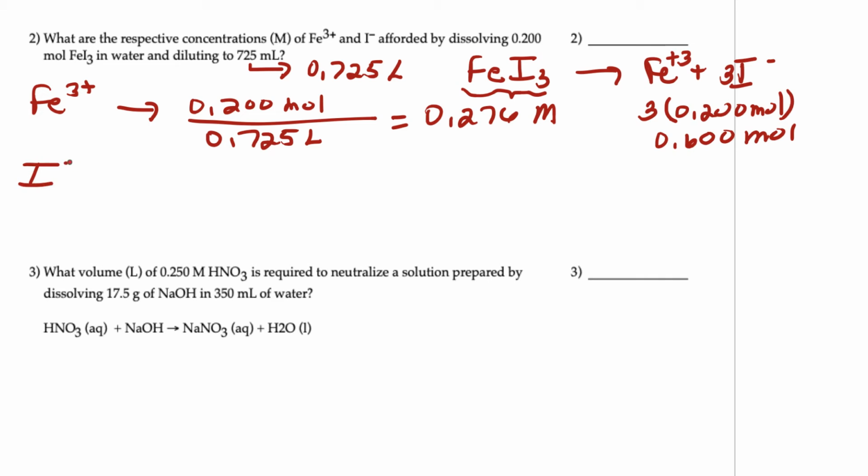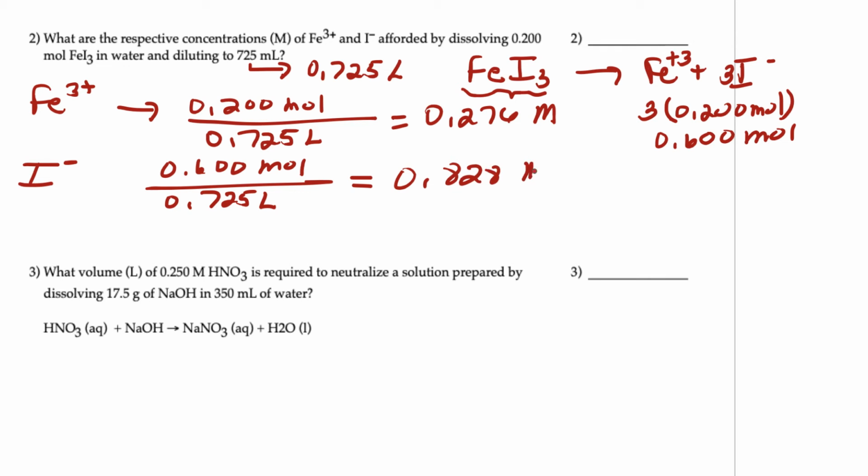So for the iodide ion, we have 0.6 moles divided by 0.725 liters. So 0.6 divided by 0.725, and that'll be 0.828 molar in iodide ion.